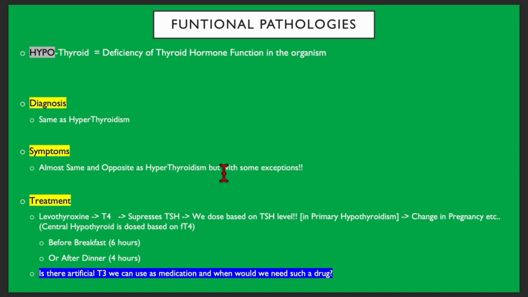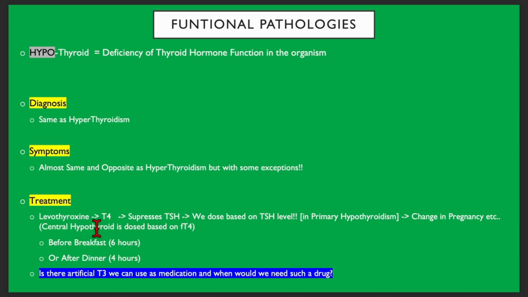For example, we said the myxedema can appear in both. So we're going to go through them and see which ones are the exceptions. And the treatment is levothyroxine, that's the T4, artificial T4. It's going to suppress TSH because you know the feedback loop from physiology, and we're going to use the TSH level to dose it. That's in primary hypothyroidism, the most common.